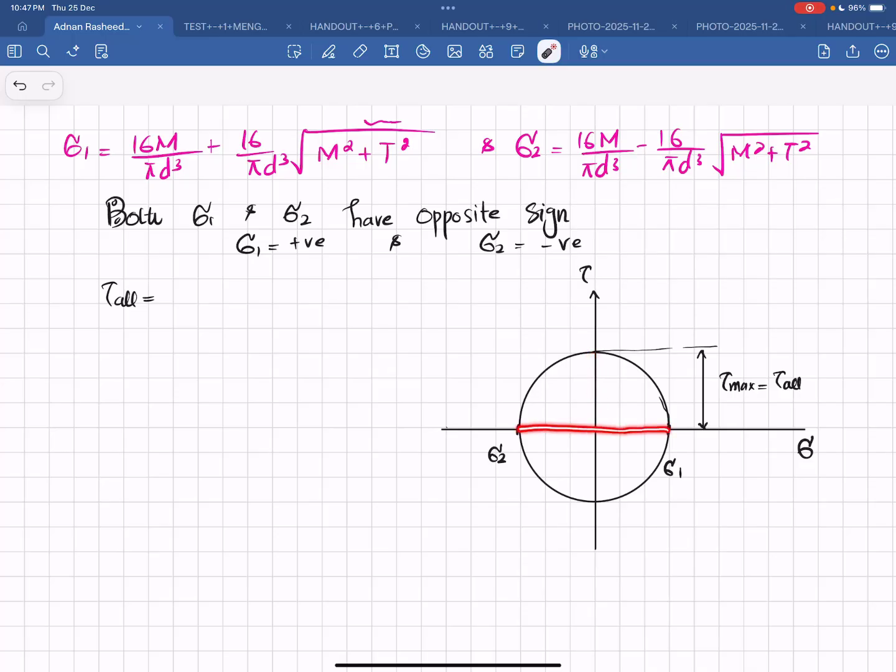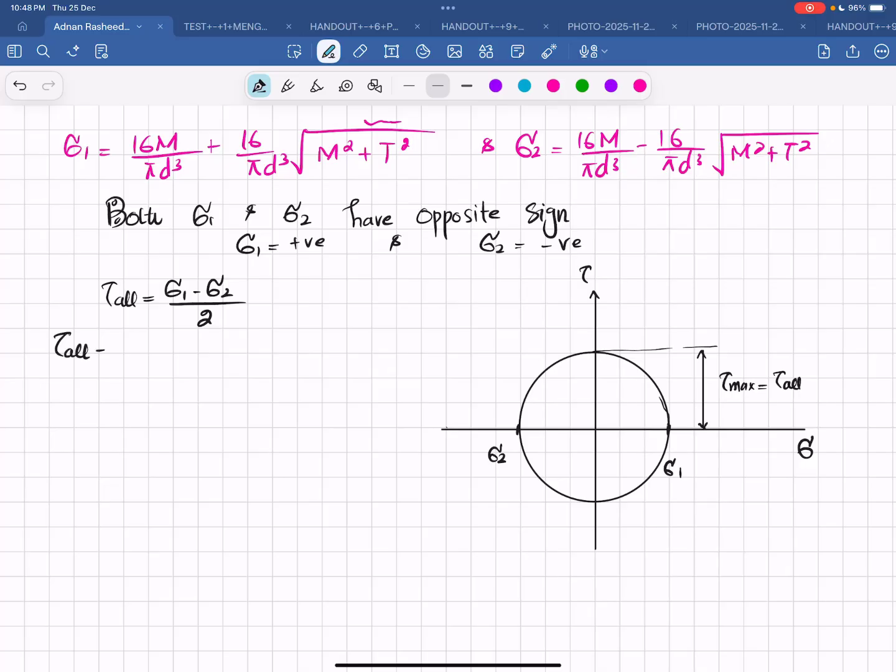If you take this whole, which is sigma 1 minus sigma 2, it will give you this distance. If you divide it by 2, we will get this distance. So sigma 1 minus sigma 2 divided by 2 is this allowable shear stress.